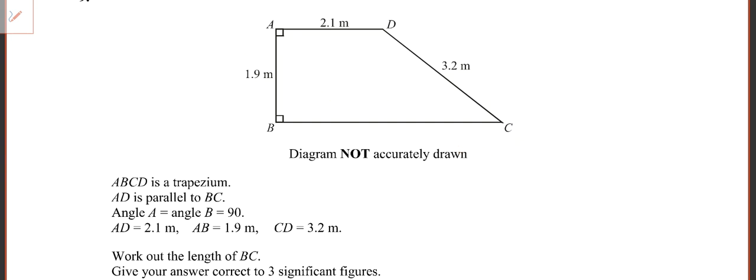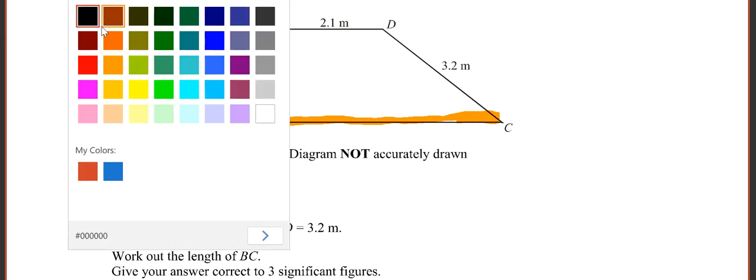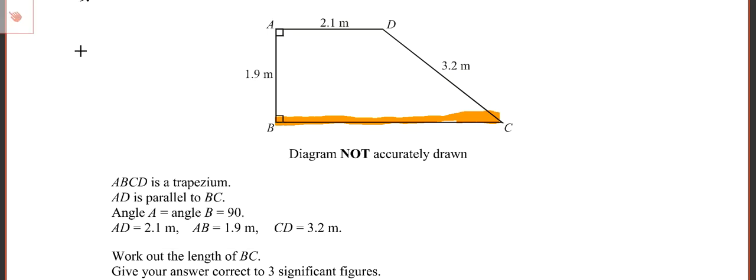You are being asked to work out this length here. You need a right angled triangle that's going to help. Now, before we go anywhere, can anyone tell me where that is going to be?